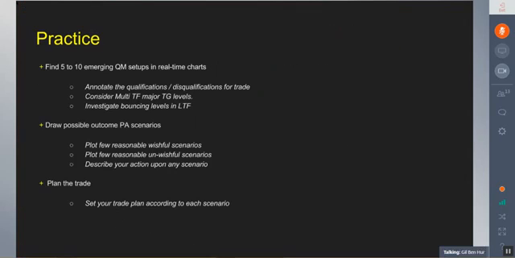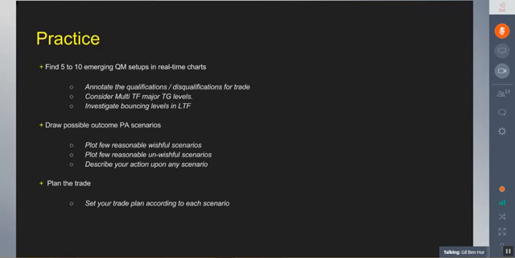So what we want you to do this week is, besides practicing more identifying events, now we want you to identify Quasimodos first at the right level, where you can qualify or disqualify the location of this formation.